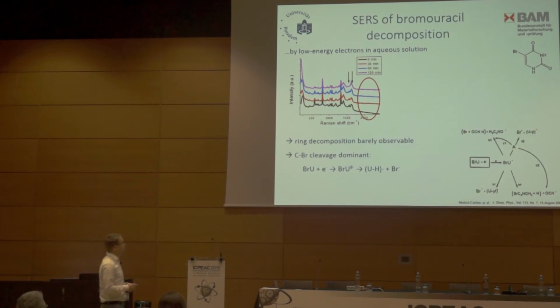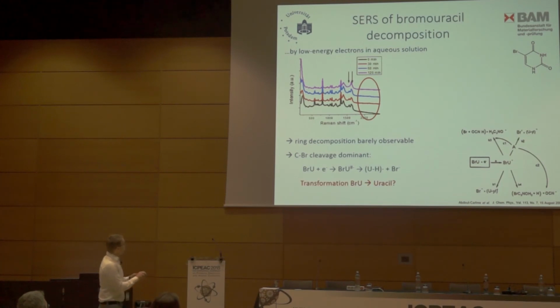This is not surprising, because it is well known from gas-phase dissociative electron attachment that was studied in quite some detail. In these studies, it was found that the formation of bromine ions is very effective in the case of bromouracil, but the decomposition of the actual molecular structure is much less than compared to the non-brominated thymine or uracil.